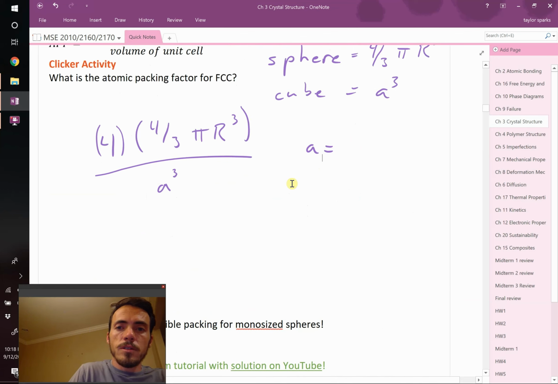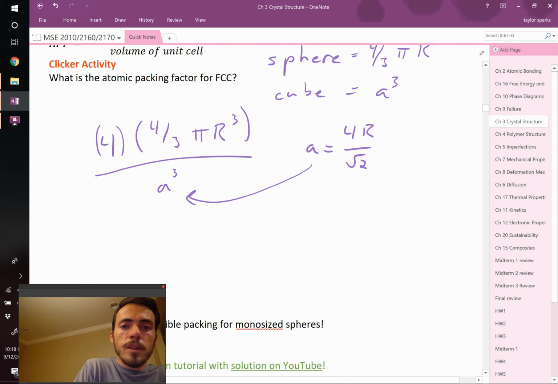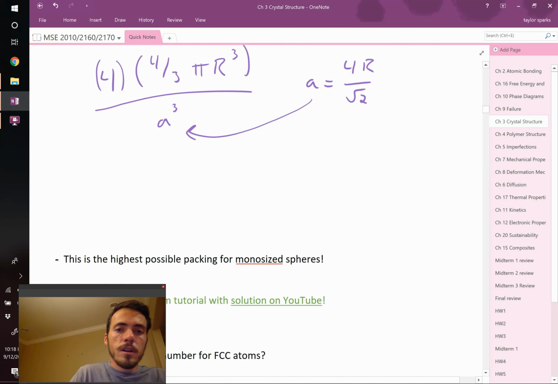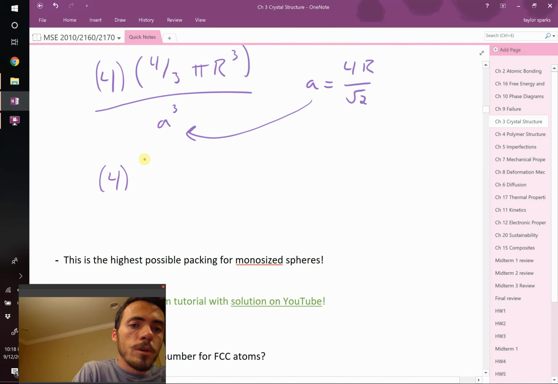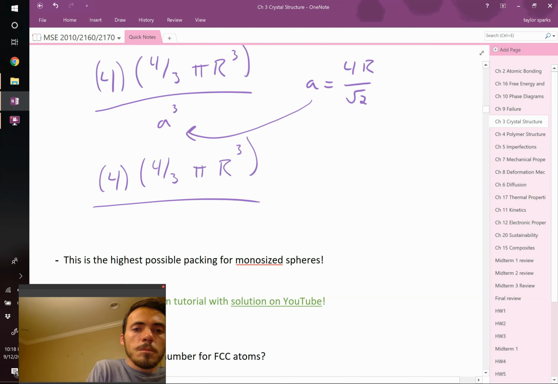So let's plug that in. That allows us to rewrite this expression as 4 multiplied by 4/3 pi r cubed, divided by 4r divided by root 2.